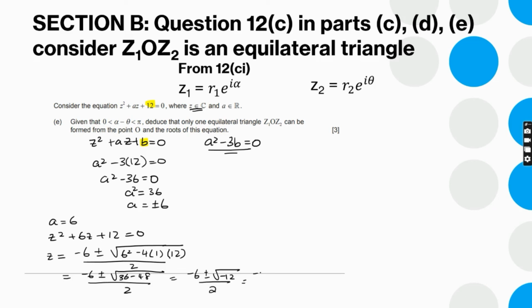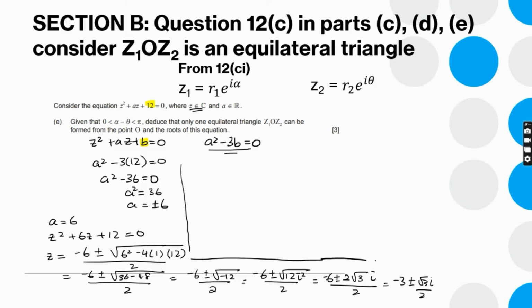I replace the minus 1 with i squared and simplify. That gives minus 6 plus or minus 2 root 3 i over 2, which gives minus 3 plus or minus root 3 i.